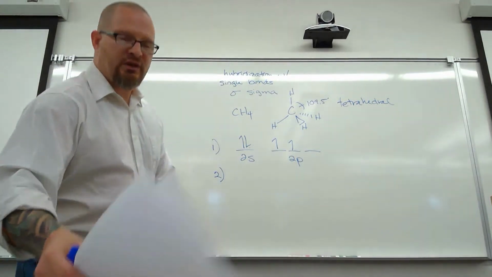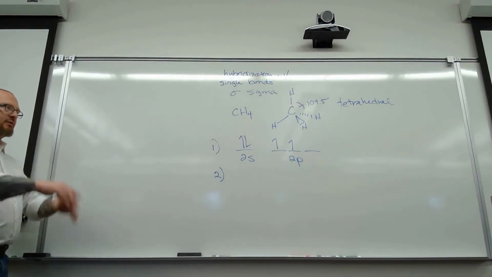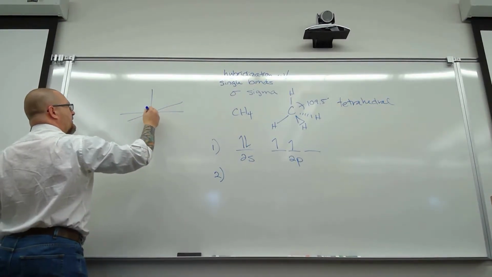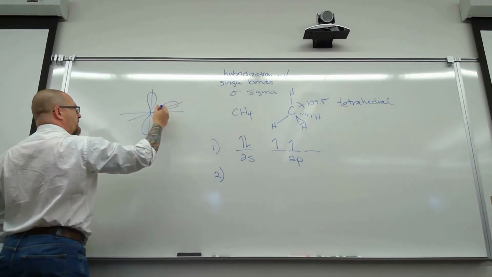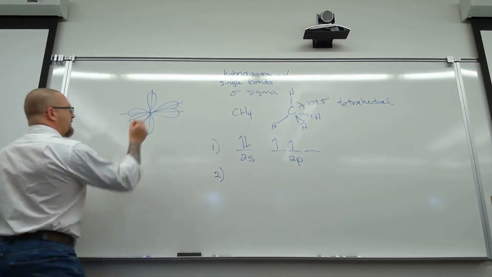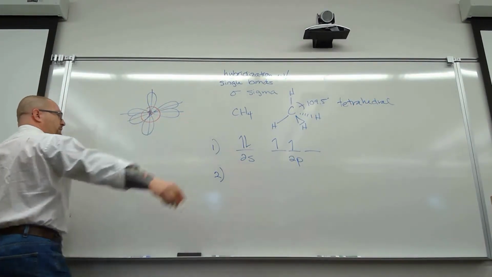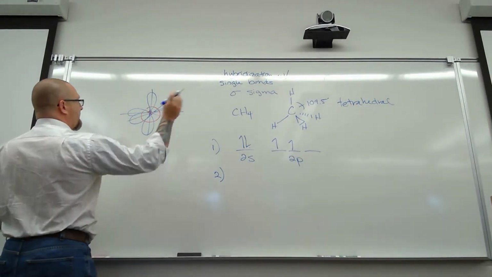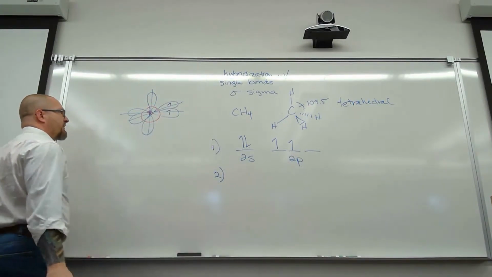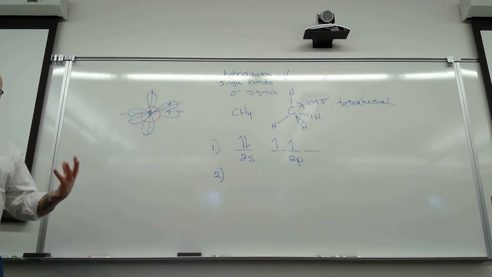If we were to predict bonds based on the way atomic orbitals look, we would have 2 electrons which are paired inside the s orbital, and we would have 1 electron in one of the p orbitals and 1 electron in one of the other p orbitals, and then the last p orbital would have no electrons.